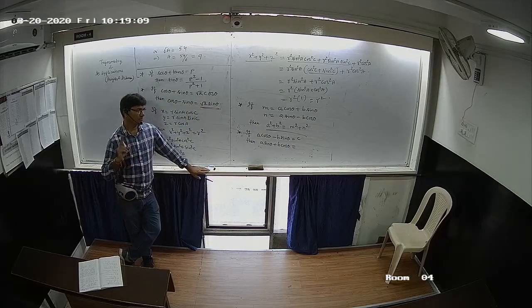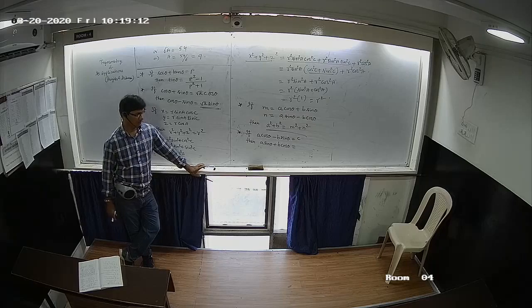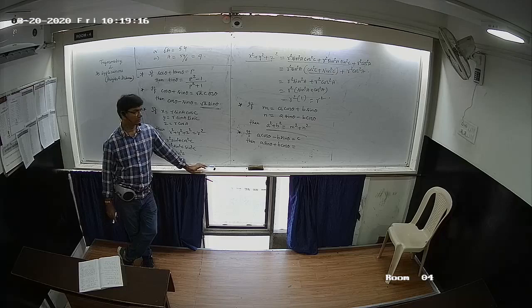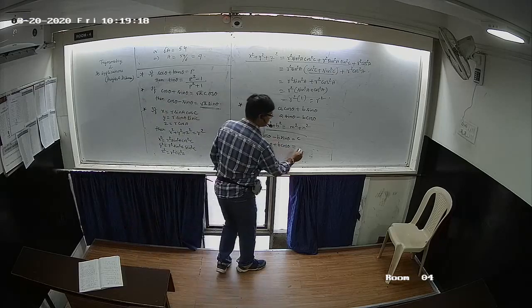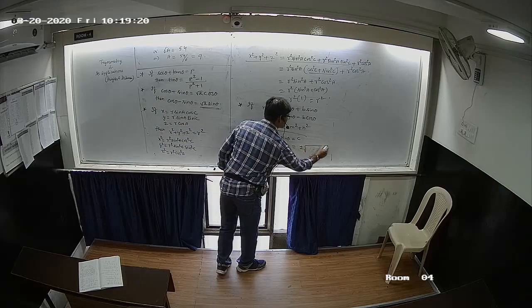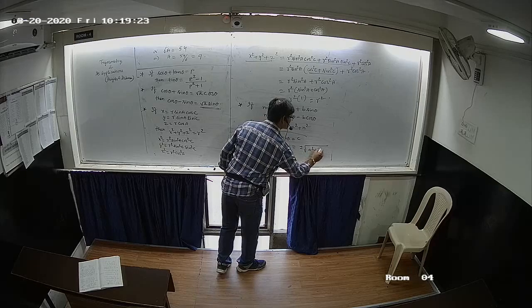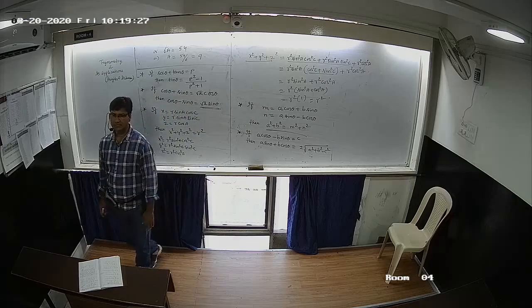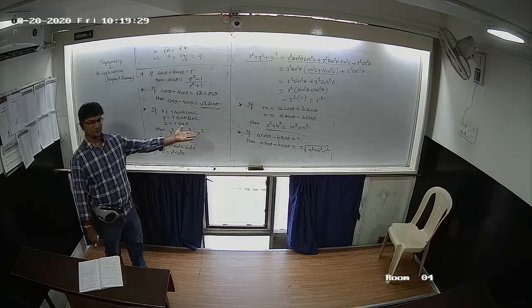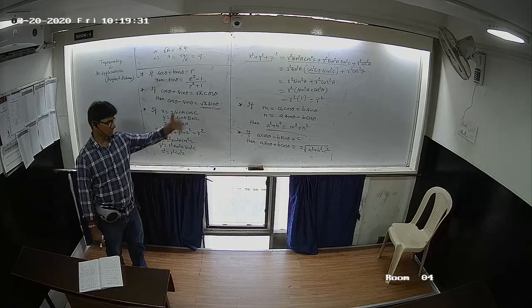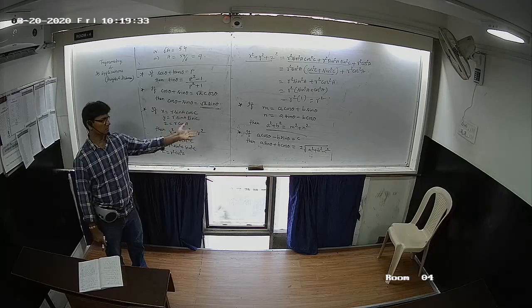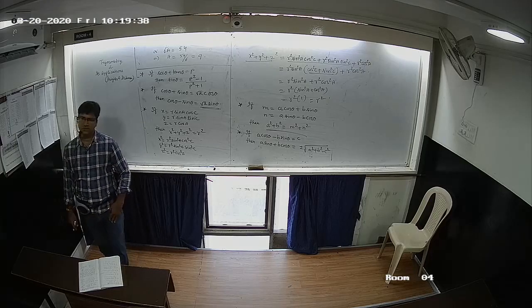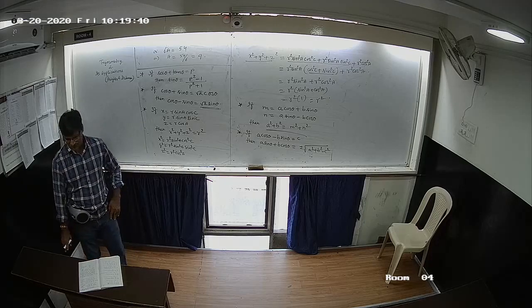This will be equal to plus or minus under root a square plus b square minus c square. If you remember, we have already proved it. A cos theta minus b sin theta equal to c, square it both sides and then proceed. You will get a sin theta plus b cos theta is equal to plus or minus under root a square plus b square minus c square.